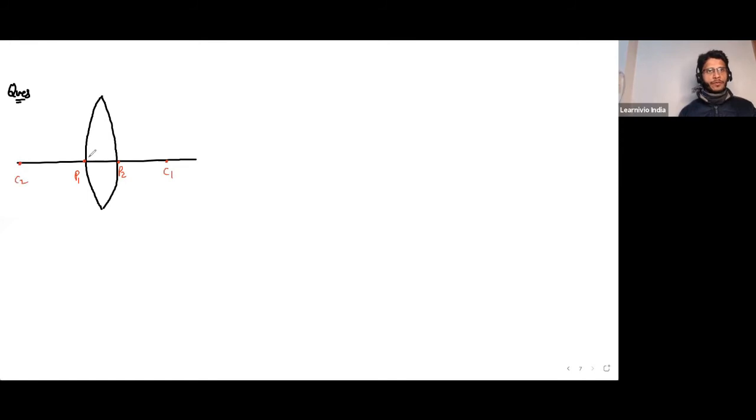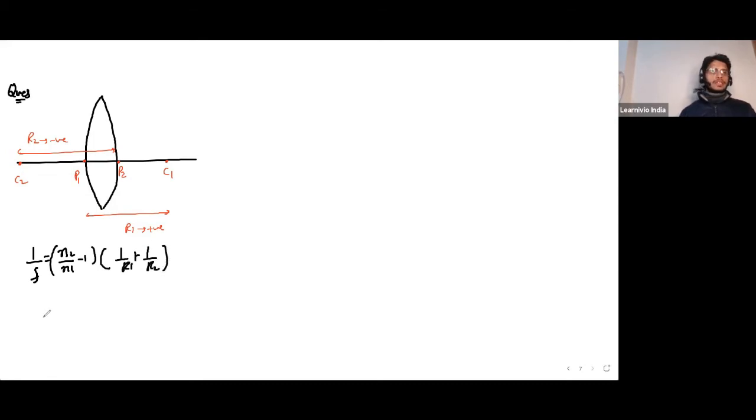This is center of curvature C2. I call this R1, which is positive, and let's call this R2, which is negative. So if I apply the Lensmaker formula, then 1 by f comes out to be (n2 by n1 minus 1) into (1 by R1 plus 1 by R2).